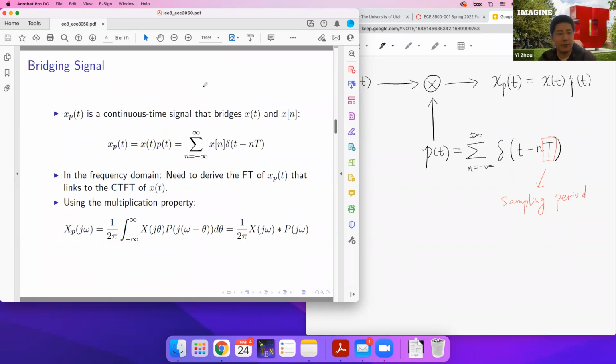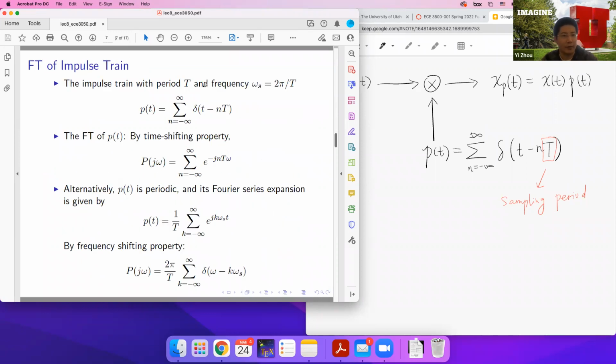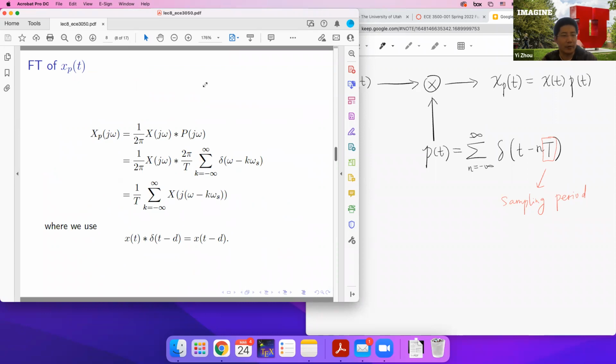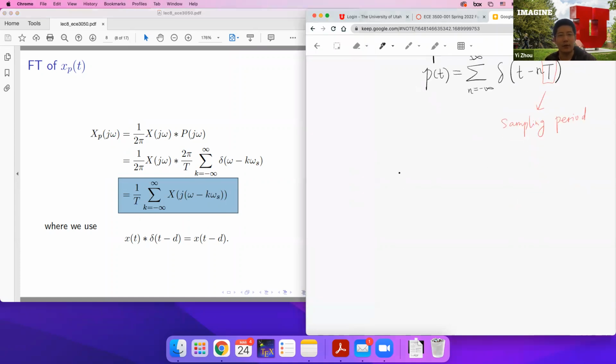After some derivations, we showed that the spectrum of the sample signal is highly related to the spectrum of the underlying continuous time signal in the following way.